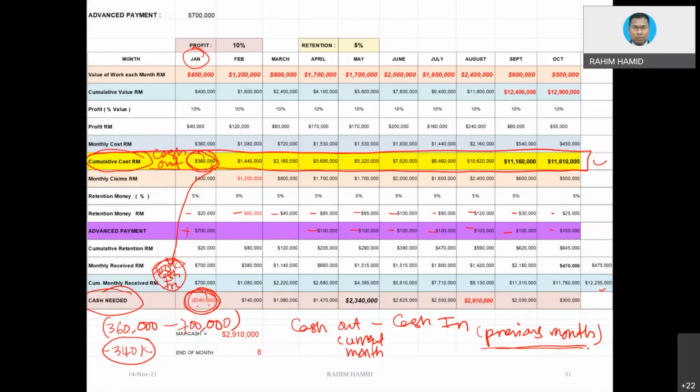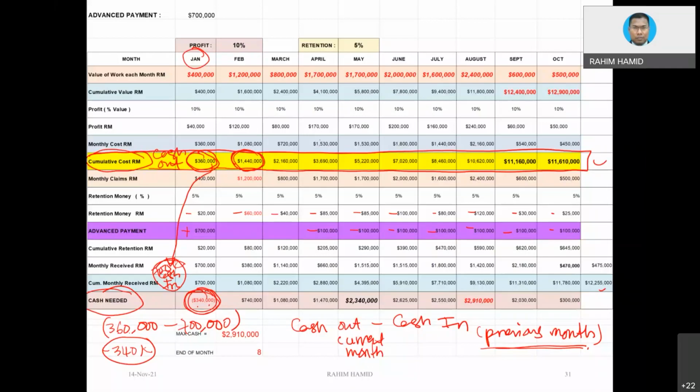Okay, next, February. This is the value of cash out that we are going to take. And then what is the amount that we are going to deduct?